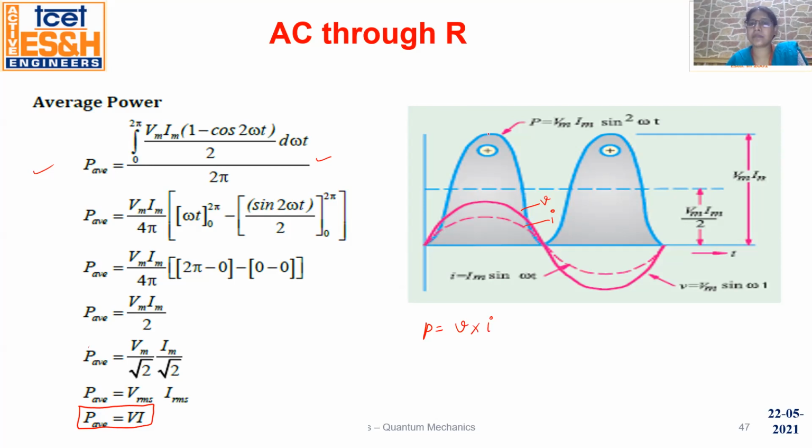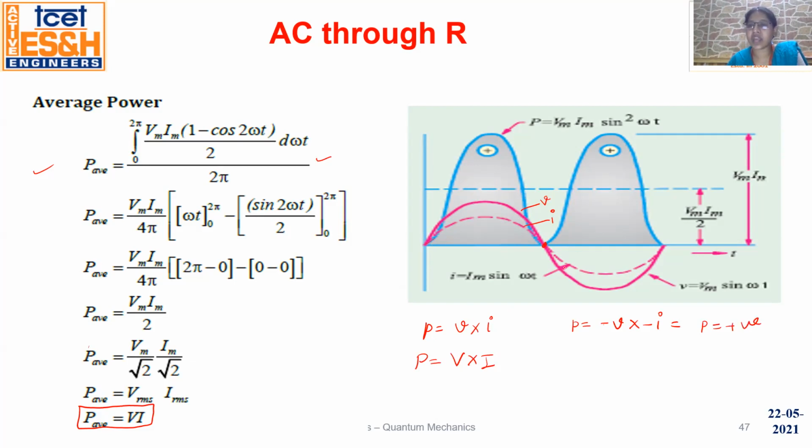Our main power, the average power, is V into I. And after that, in the negative half, power is equal to minus V into minus I. But since both voltage and current are negative, the power becomes positive.